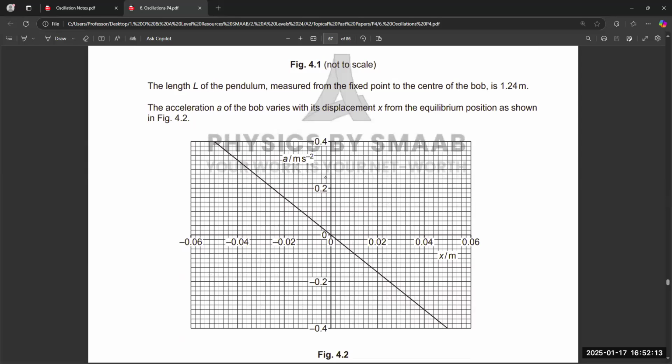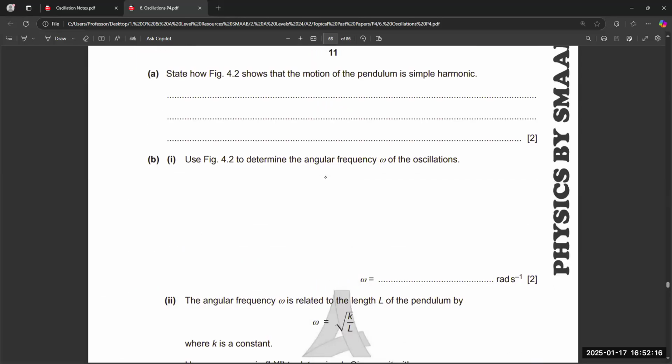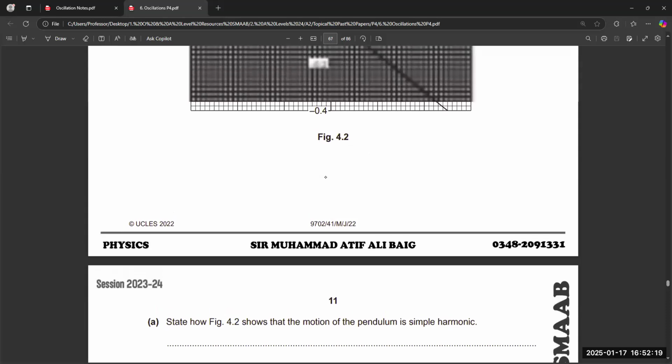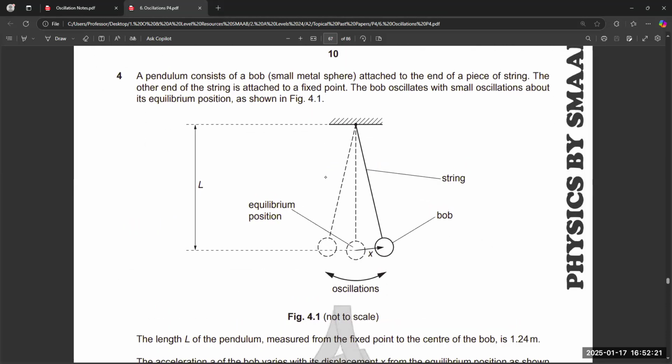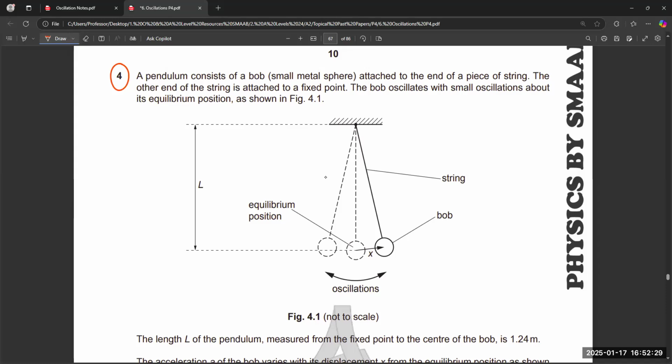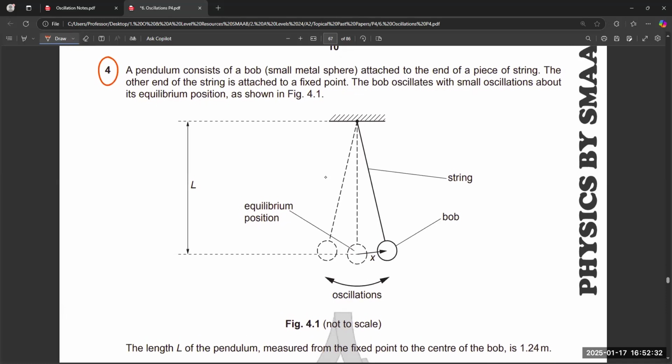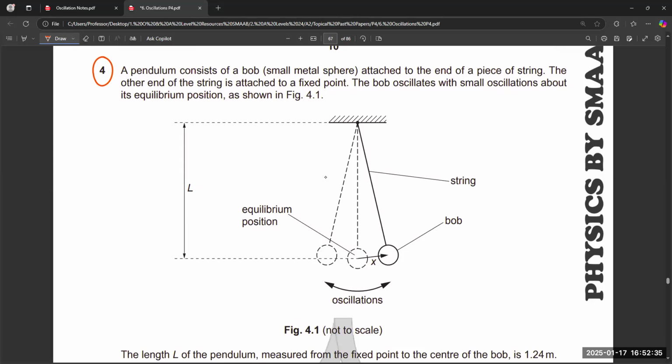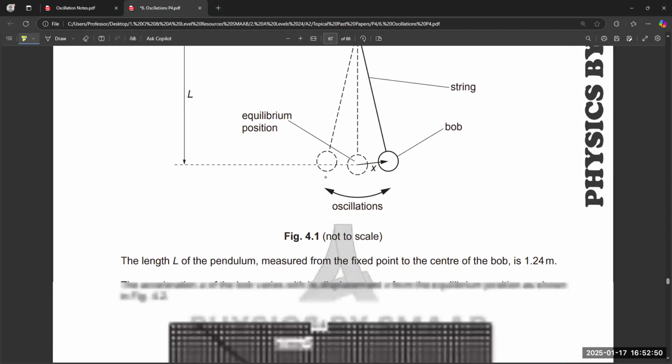Okay, this is related to pendulum. A pendulum consists of a sphere or a bob, a small metal sphere attached to the end of a piece of string. So, example of pendulum. The other end of the string is attached to a fixed point. The bob oscillates with small oscillations about its equilibrium position, as shown in figure 4.1.